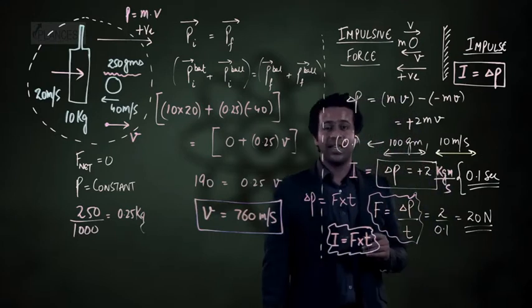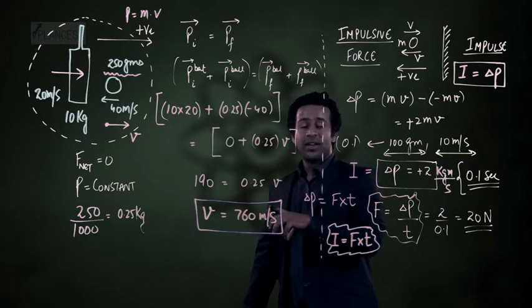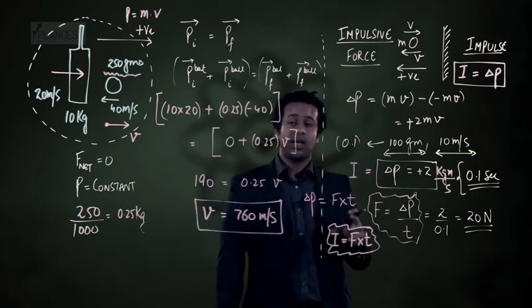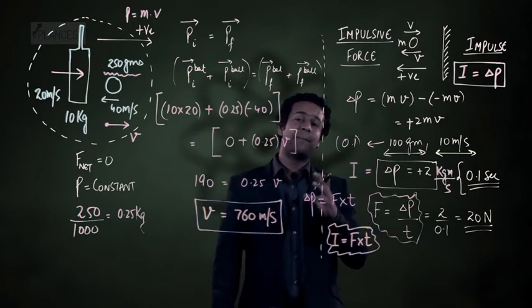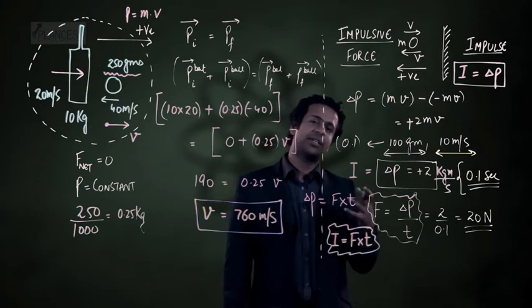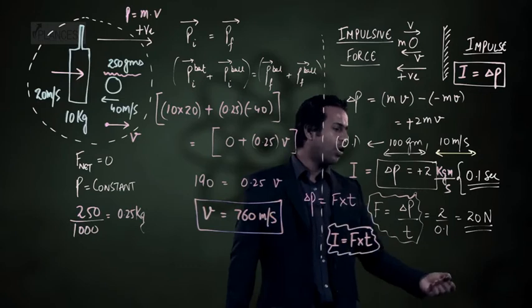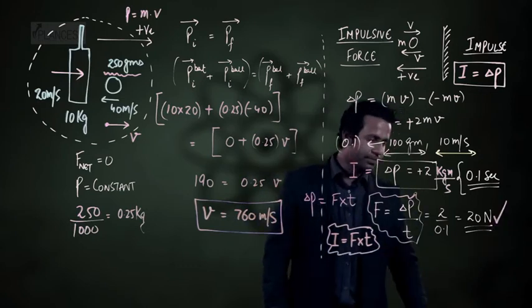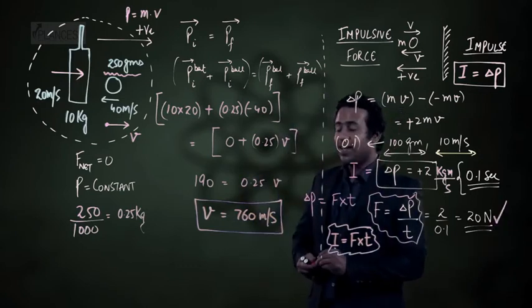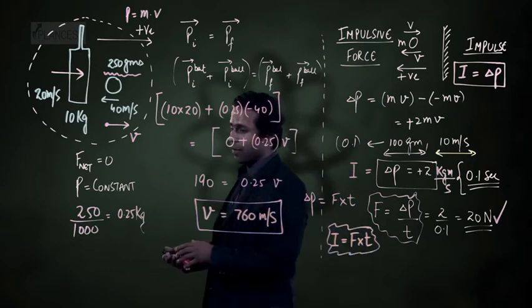So that implies that when the ball hit the wall, it applied an impulse of 2 kg meter per second. And this impulse was applied through a force of 20 newtons. Right. So this is the basic definition of impulse.